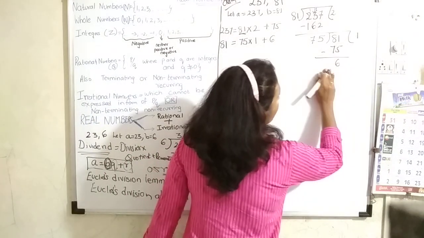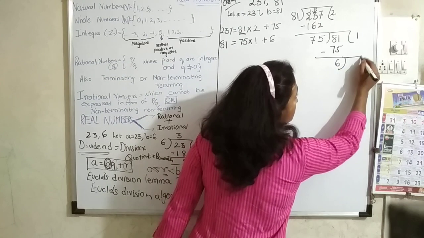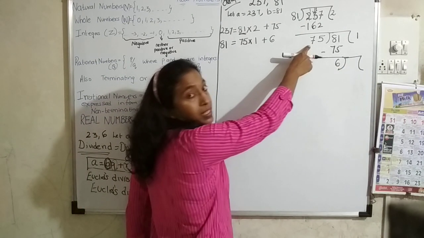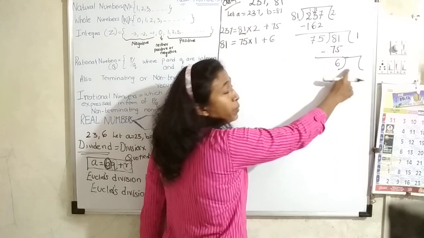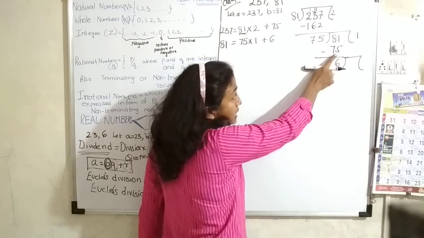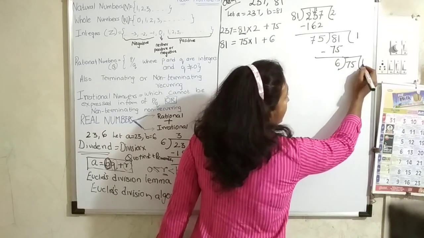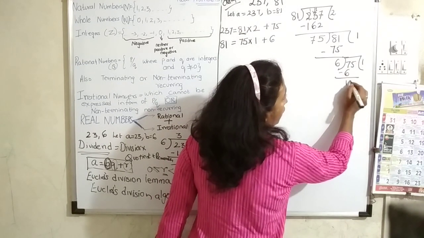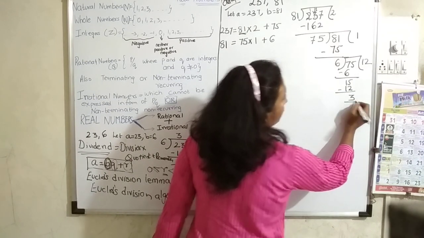Now here 6 is my remainder which becomes a divisor, and this divisor becomes a dividend. Again I repeat, this divisor becomes a dividend and this remainder becomes a divisor. So let's divide 75 by 6: 6 ones are 6, so 5 here, 6 twos are 12, so here I am getting 3, right?